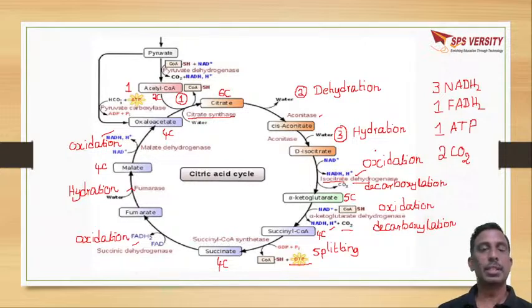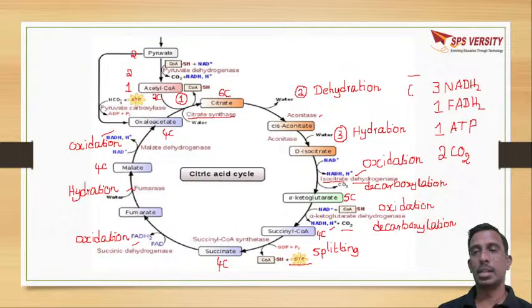This is for 1 acetyl coenzyme A. If we take 1 glucose, after glycolysis it gives 2 pyruvate and 2 acetyl coenzyme A. For 1 glucose, this cycle will take place twice. The same cycle takes place twice, so everything becomes double.